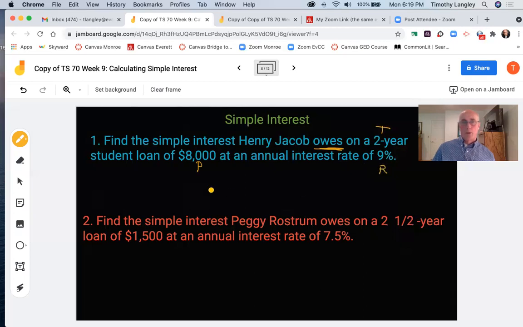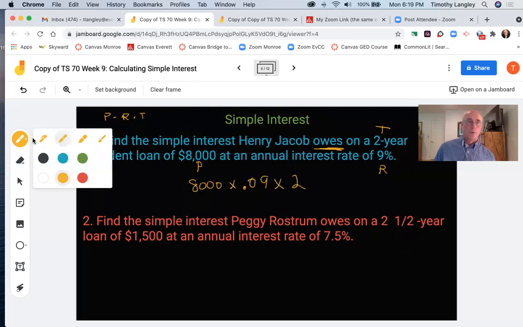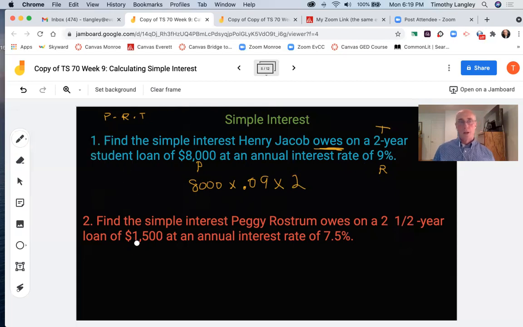So I'm going to write this as principal times rate times time. All right, so principal 8,000 times, what was the rate? 9%, 0.09 times 2 years, it's just going to be 2. Okay, real simple.